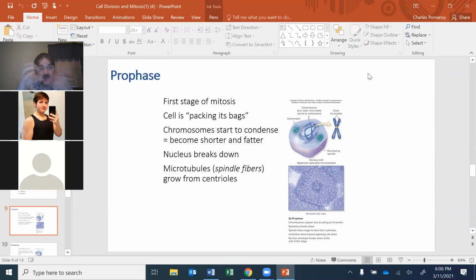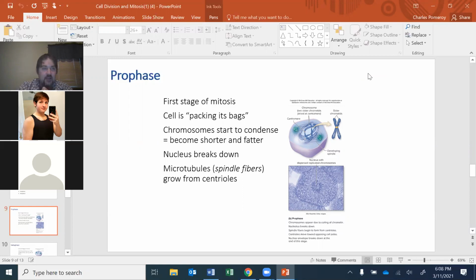Also, because the nucleus is holding the DNA, for a brief amount of time we need that nucleus to break down so that we can move the chromosomes. Once the chromosomes get moved and the cell divides, then the nucleus will reform and repackage the DNA.